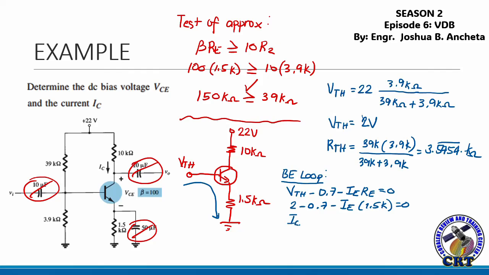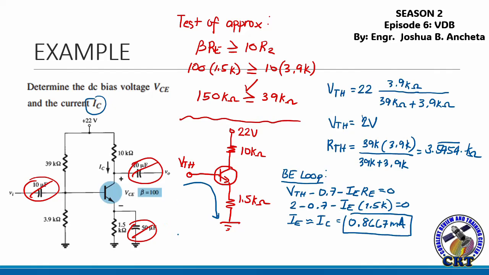And IE is approximately equivalent to IC. So let us solve IE and IC: 2 minus 0.7 over 1.5 kilo ohms. Using 4 decimal places, we have 0.8667 milliampere. So this is our answer for the current requirement.